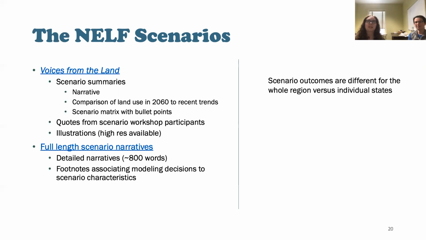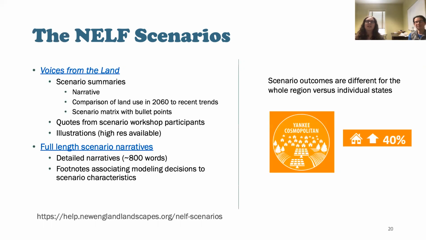An example of this is Yankee Cosmopolitan, a scenario where there's 40% more acres developed by 2060 compared to recent trends, but that's not distributed evenly across the six states. In Maine, in this scenario, there's actually 10% fewer developed acres because most of the development is happening in Connecticut and the southern states.